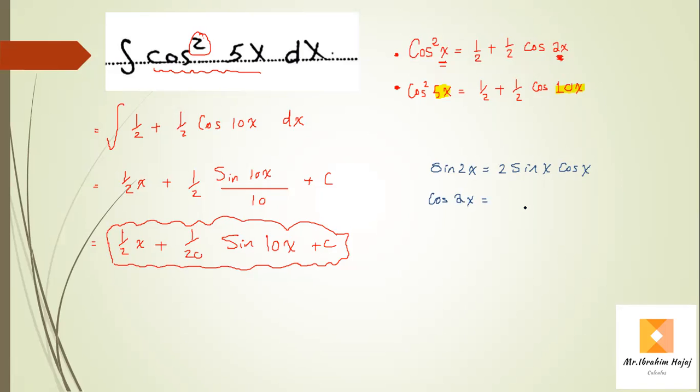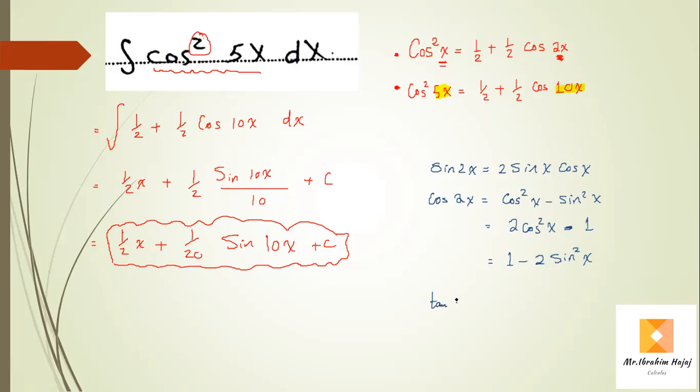The first one is cosine squared x minus sine squared x, and equal also 2 cosine squared x minus 1. Yes, 2 cosine squared x minus 1. And also 1 minus 2 sine squared x. This is for cosine.